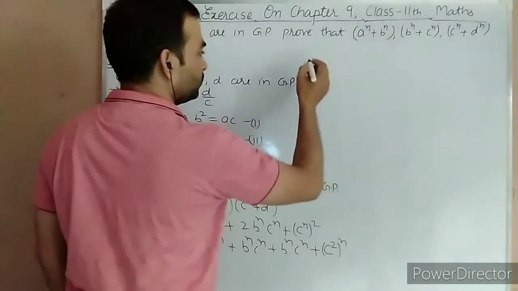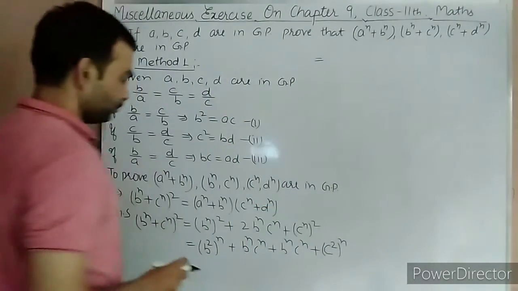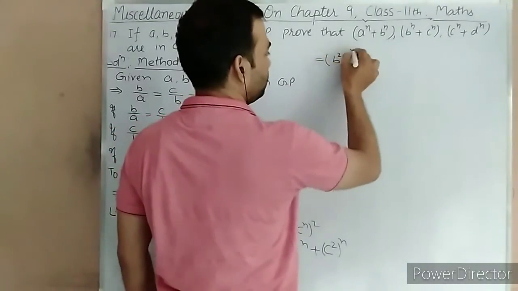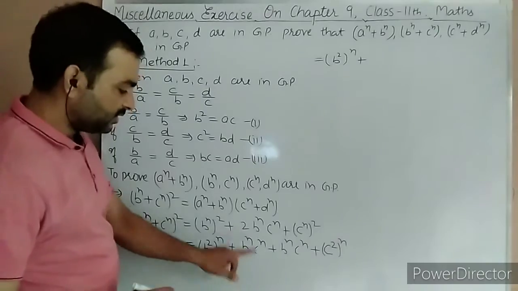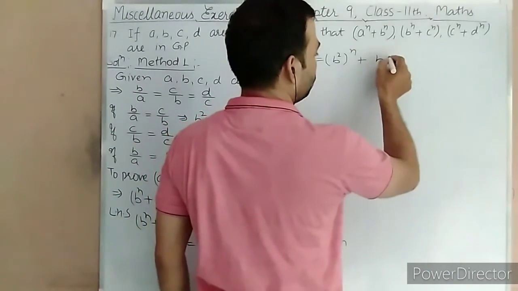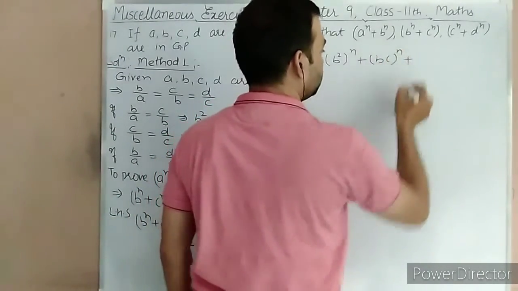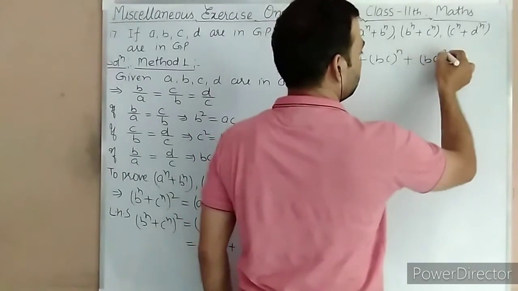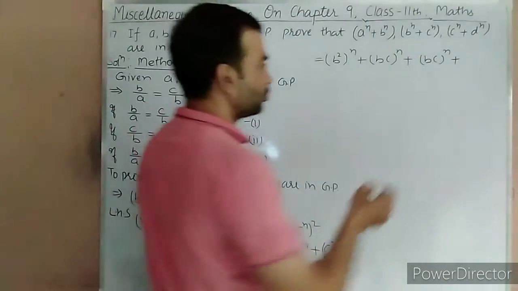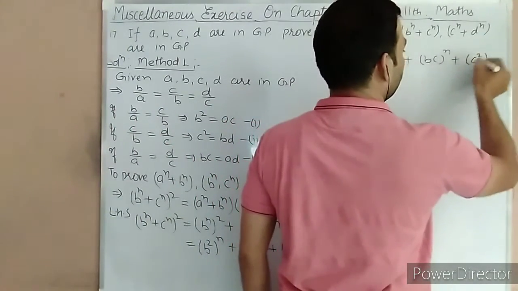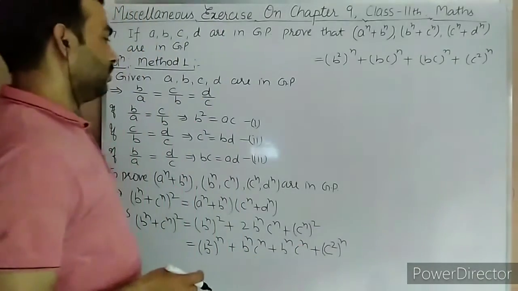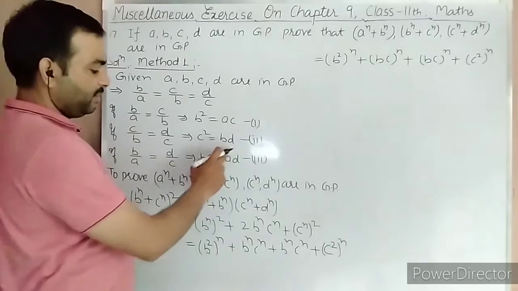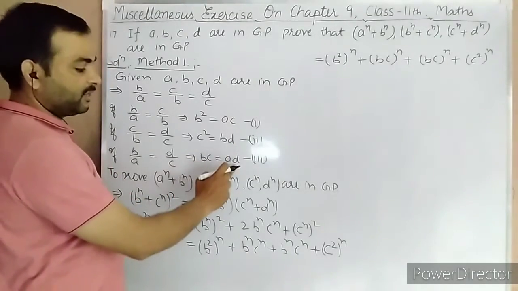This is again equal to B square whole power n plus BC whole power n plus BC whole power n plus C square whole power n. Now I can replace B square by AC, C square by BD, and BC by AD.